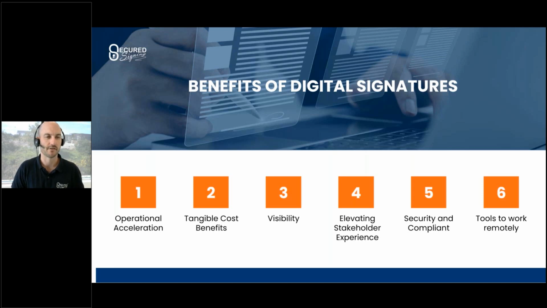So number 1 here is operational acceleration, which just means the time saved, the speed of getting documents returned compared to a paper-based process. It's really easy for your document owners, those sending documents internally or externally to be signed, to place a signature box on a document and send it out for signing.